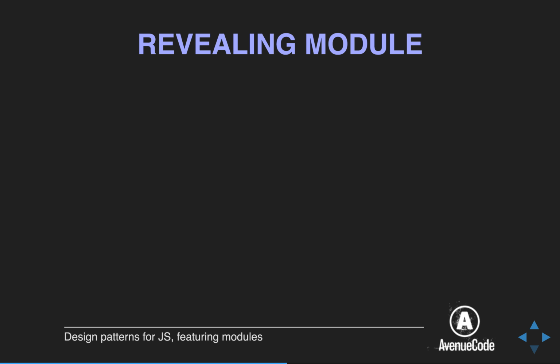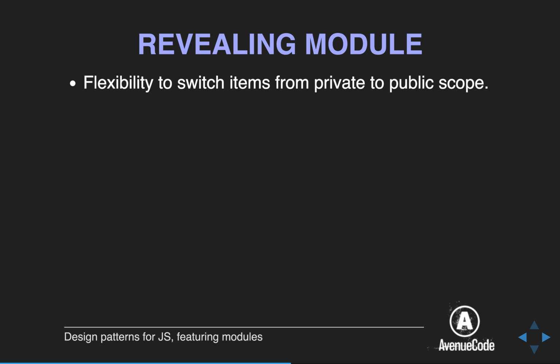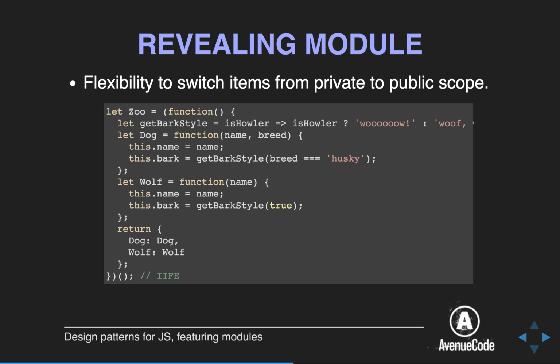One variation, which is an improvement, is the revealing module. The revealing module adds flexibility to switch items from the private to the public scope. The only difference is you define everything as an internal variable. So getBarkStyle, dog, and wolf are all defined here.